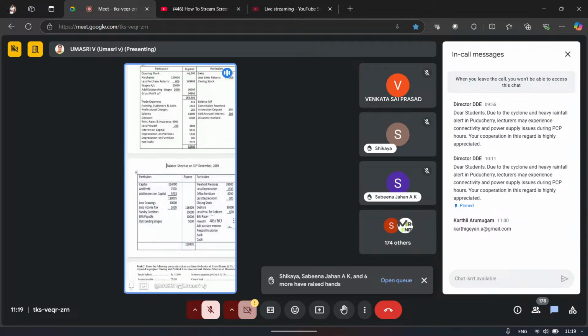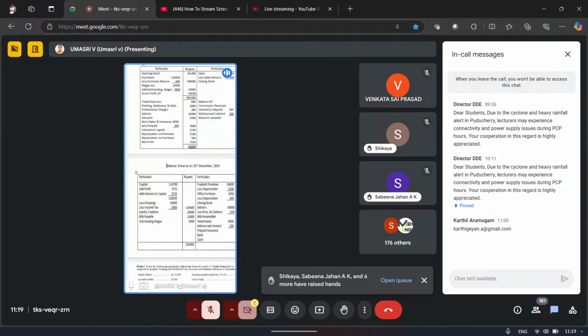Right, now this is the opening capital plus net profit minus drawings, that is the closing capital. So capital 1,14,700, you have to add net profit, which we have already found, 7,570, plus interest on capital.